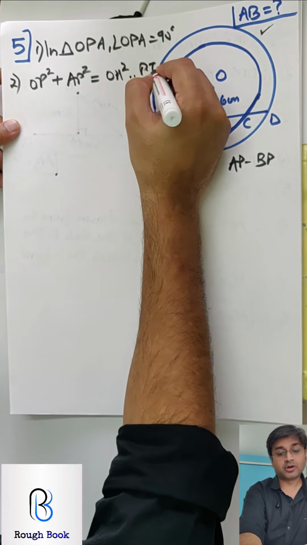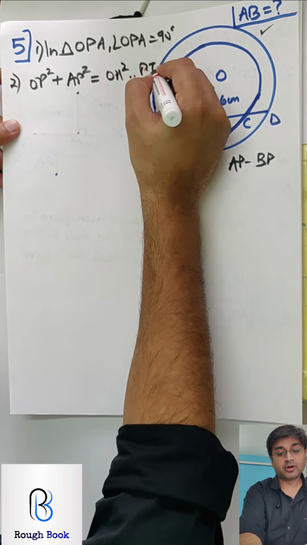So therefore we can say AP square is 34 square minus 256. That's 900. So AP will be root of 900, that is 30. So we managed to get AP, the first part. Now let's get BP.